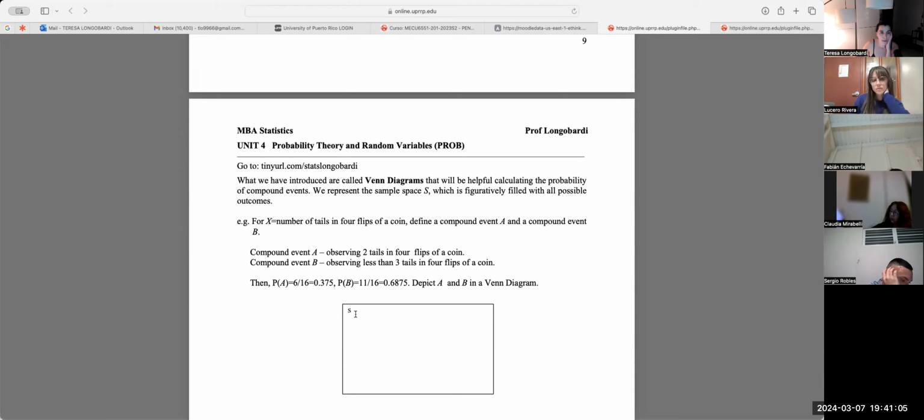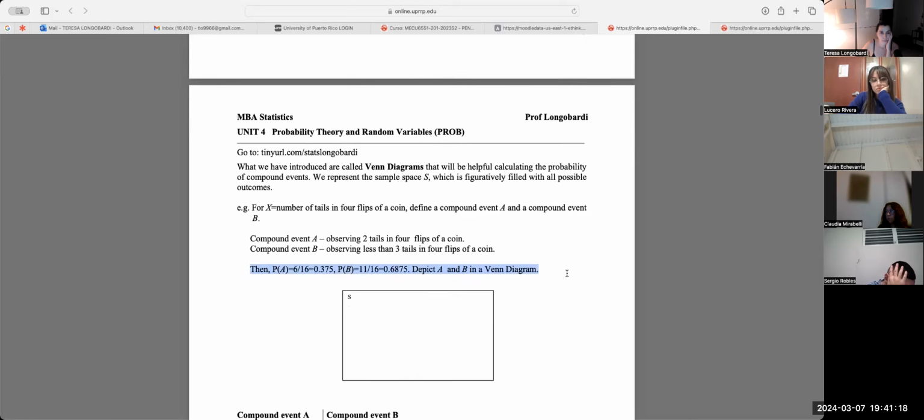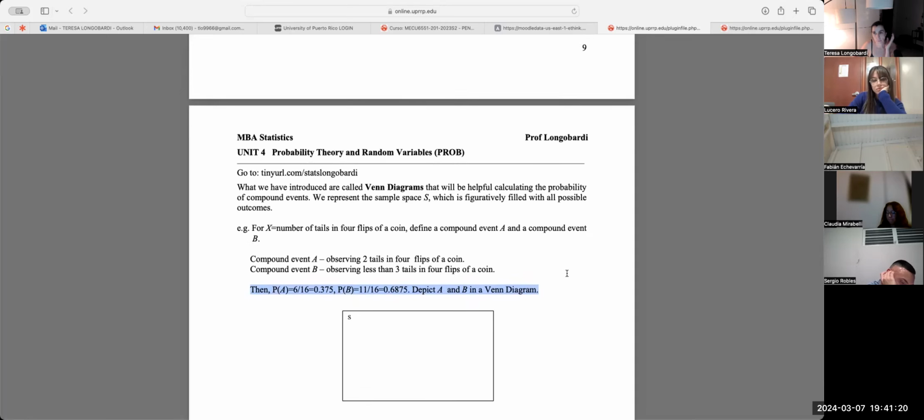But I want to emphasize, just using this example here, if you can depict these probabilities in the sample space. So draw these in the sample space, and then we'll ask the same question. What's the probability of A and B, A or B, and not A or B? Okay, so draw those in the space.